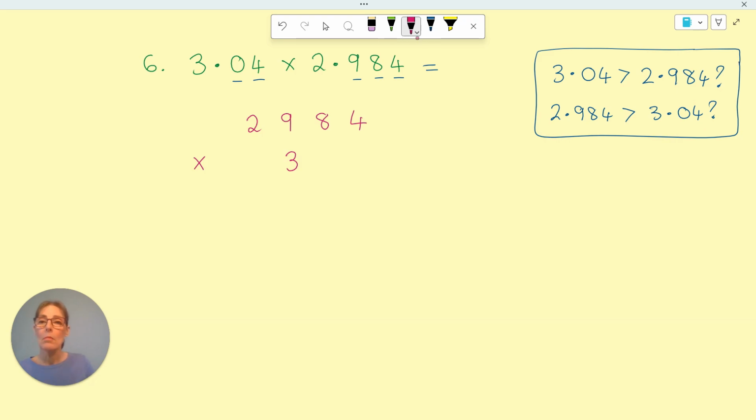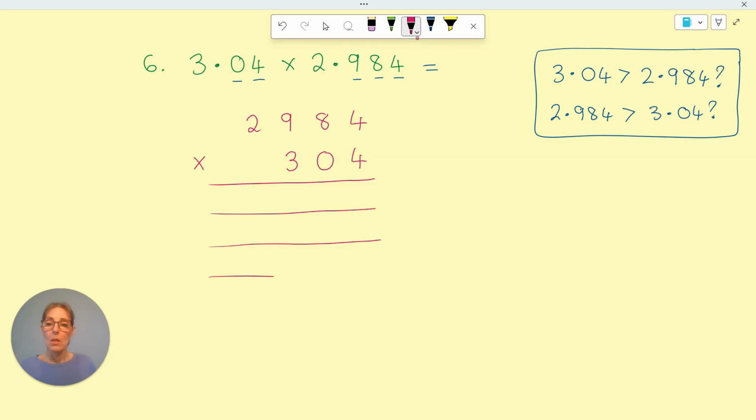Okay. Right. 3, 0, 4. Well, we're multiplying by the ones and the tens and the hundreds. And then, as I said, I always put the double line where I do my answers, but it's nice if that's a little bit more clear.